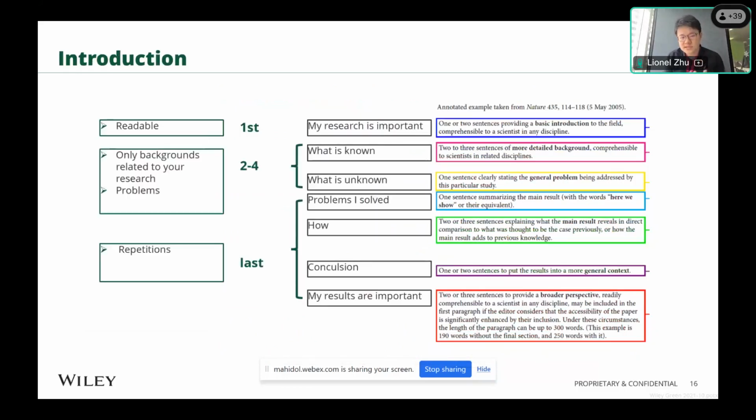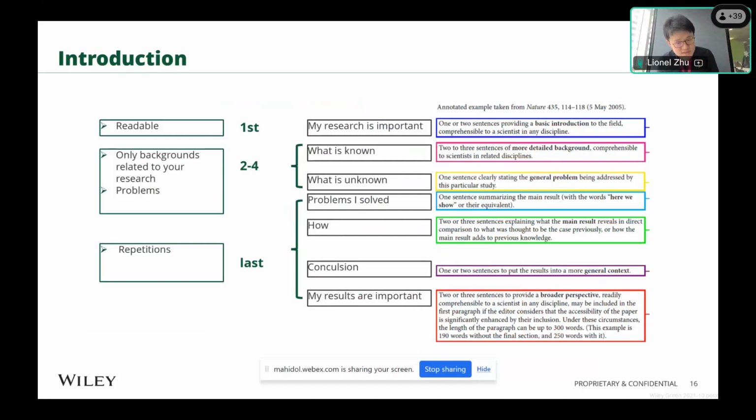I'm telling you this structure because, to be honest, we don't want authors to have novelty and creativity in the structure, because we need to make evaluations in very limited time. So we want to see the target information in the target structure and section. So do not be novel there.